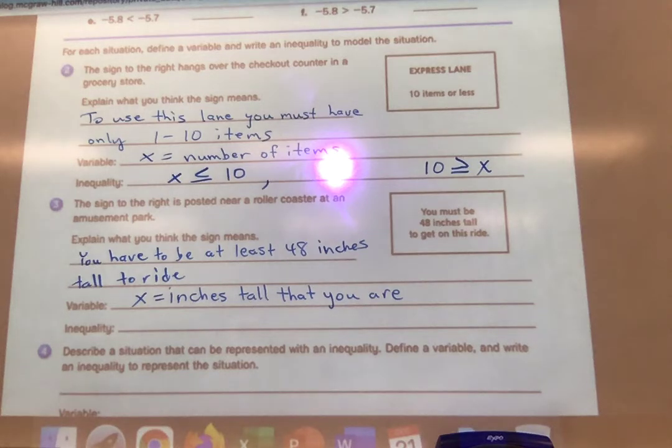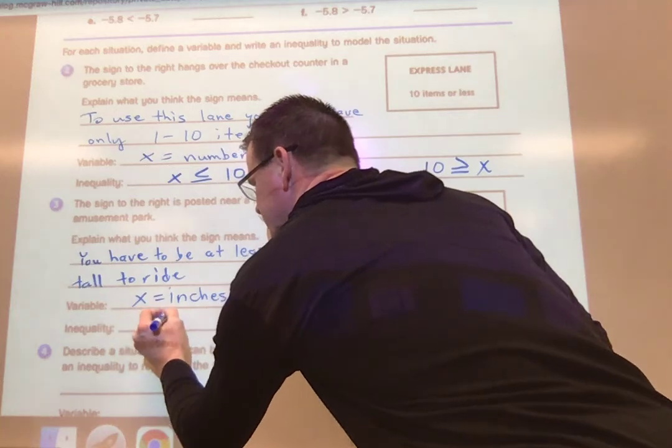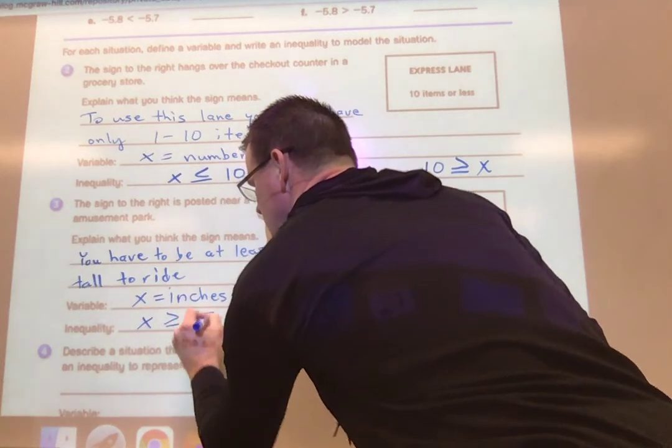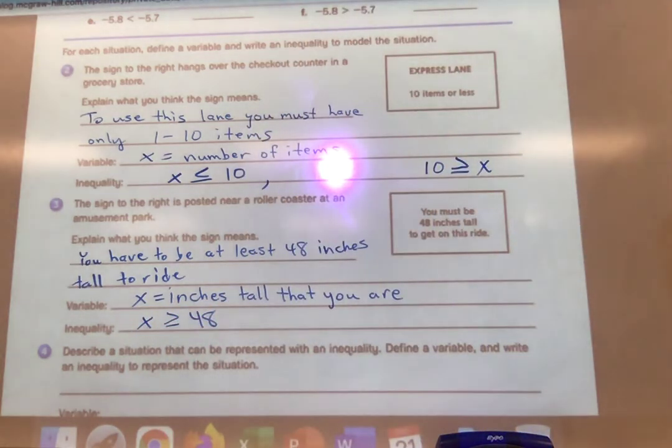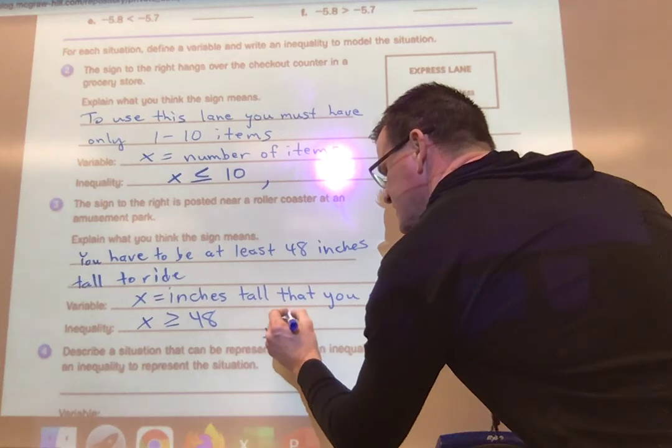So you have to be at least 48 inches. So your inches have to be greater than or equal to 48 in order to ride this ride safely.